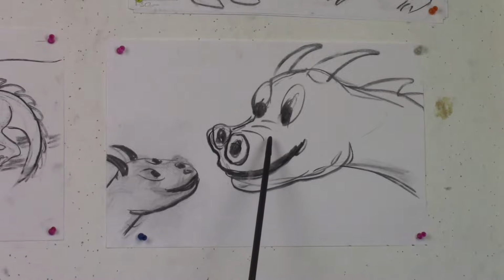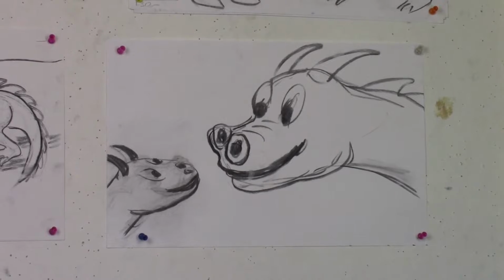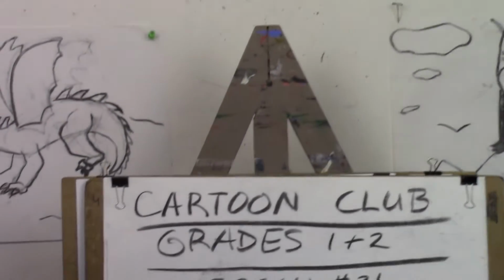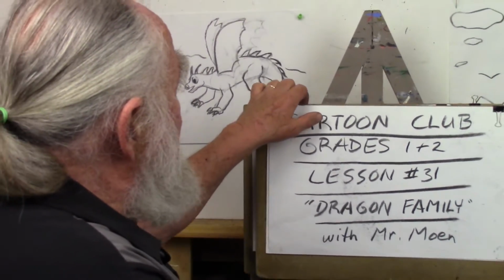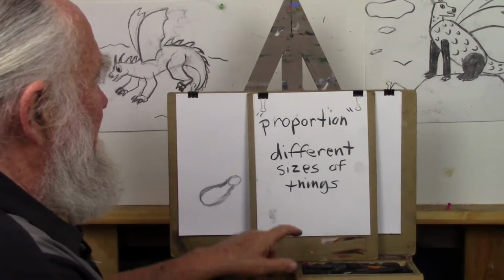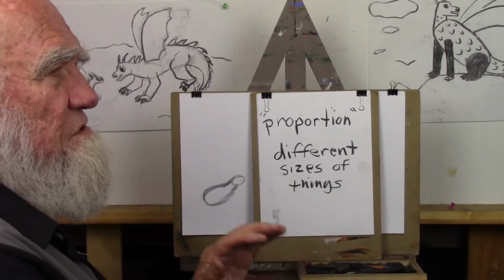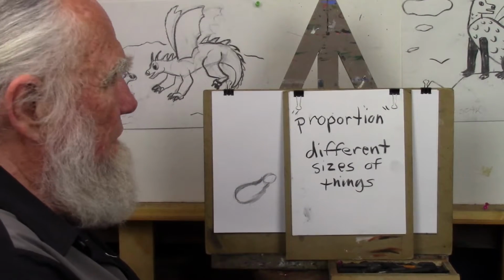So when we're talking about big and small, we're talking about that really big word, proportion. Proportion means the different sizes of things. When we see the different sizes of things, we understand how big or how small something is.